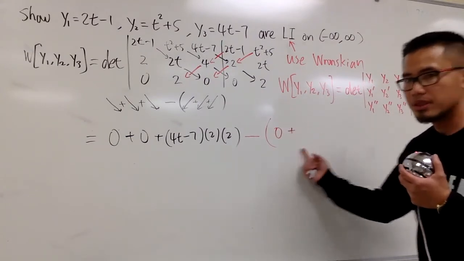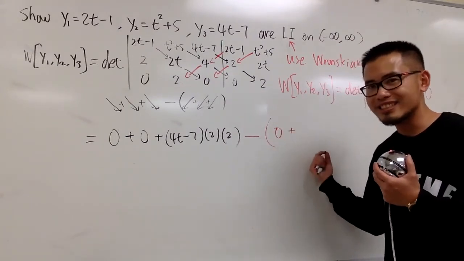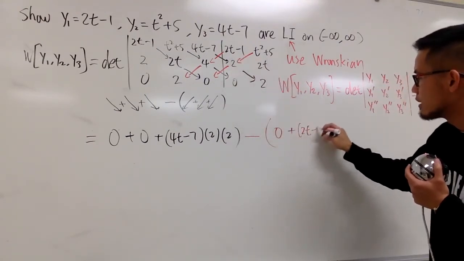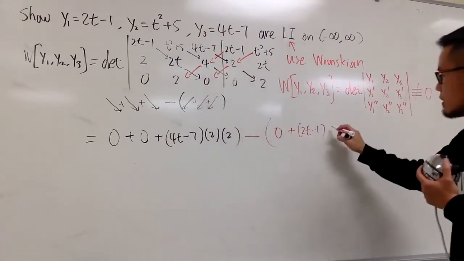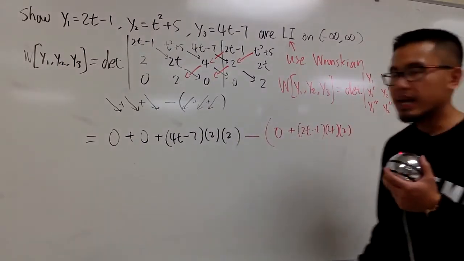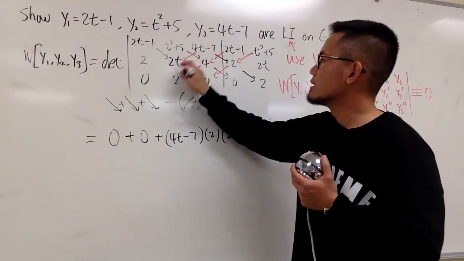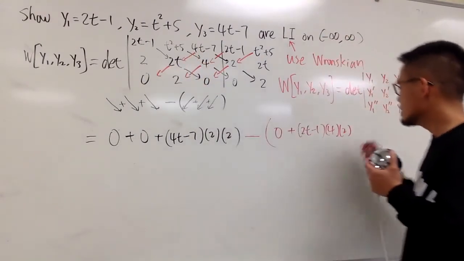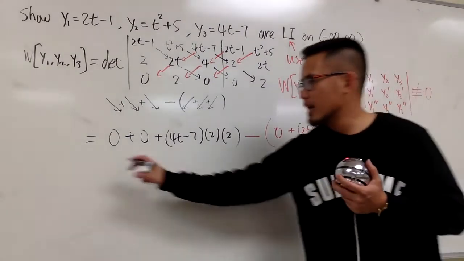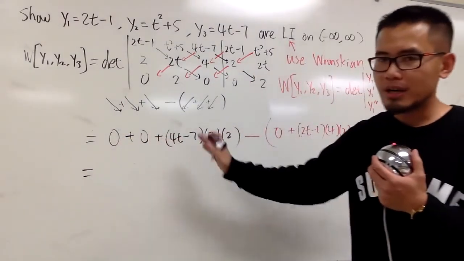Put a plus because I have the negative on the outside with the parentheses. So we have 2t minus 1 times 4 times 2, like this, right? And then at the end, we'll do this times that, which is once again 0, and that's wonderful. Okay, so 0, 0, don't matter.